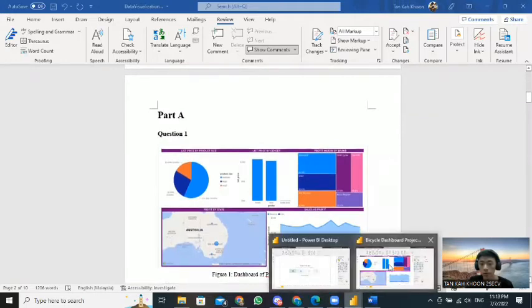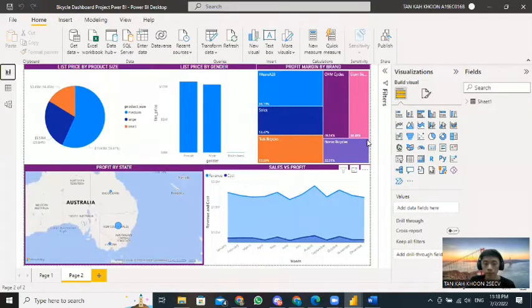Right, so to show the Power BI dashboard. This will be the dashboard that I created using the bicycle dataset. There will be 5 top key graphs: list price by product size, list price by gender, profit margin by brand, profit by state, and sales vs profit.